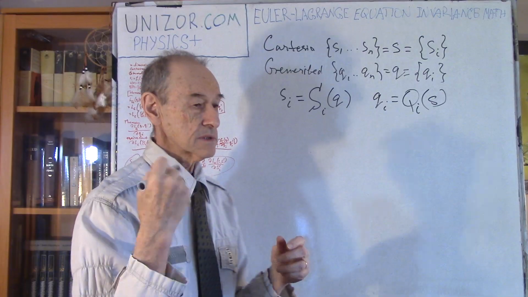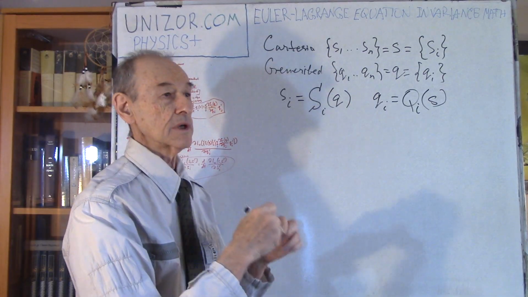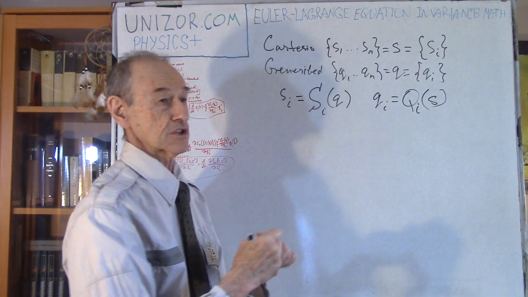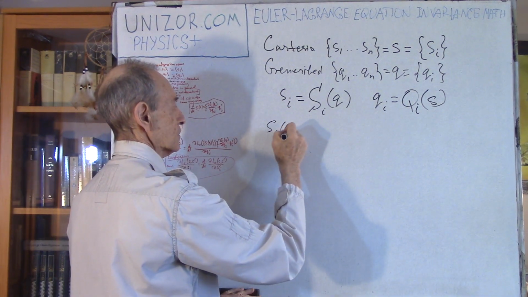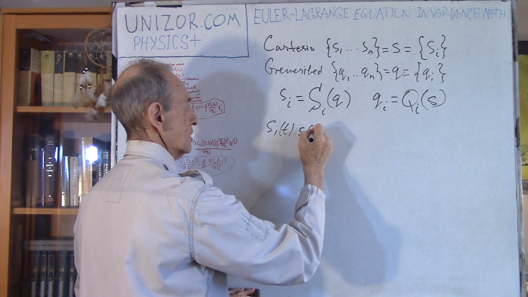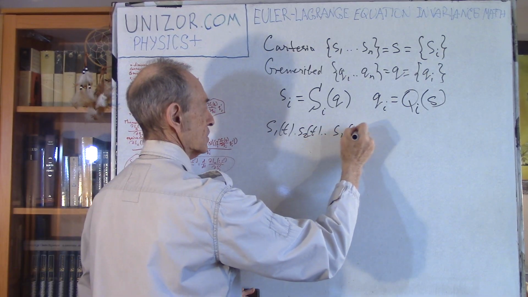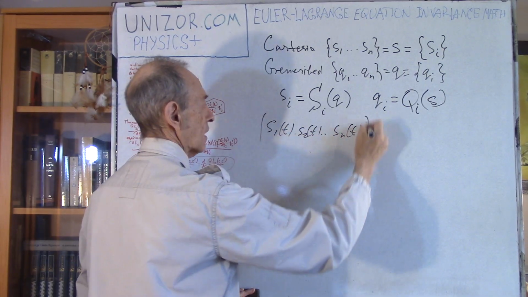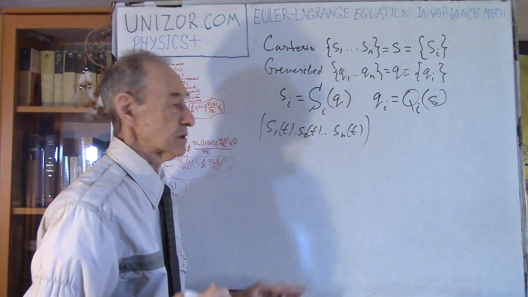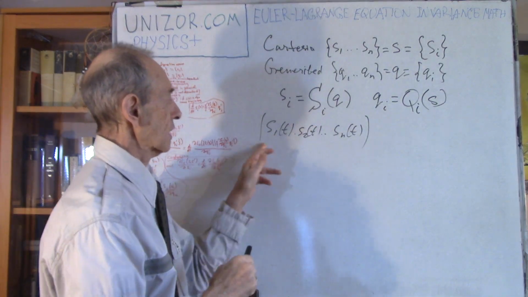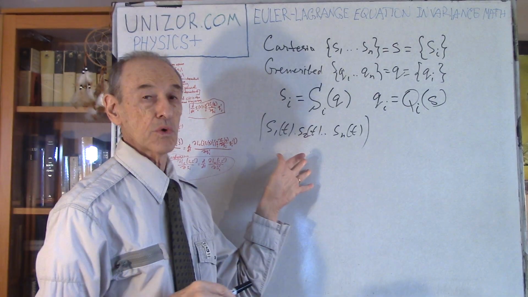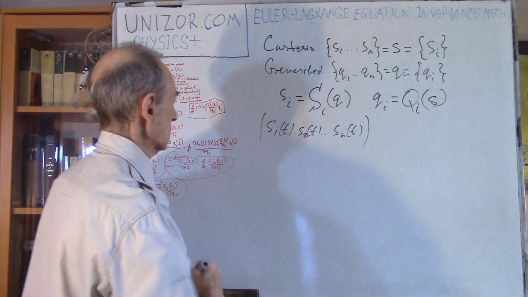So if you consider some mechanical system, it's moving along a certain trajectory. What is a trajectory in one system? It will be s1 of t, s2 of t, etc., sn of t. So these are functions now, coordinates as a function of time. This is a movement of one system. Let's call it S of t.